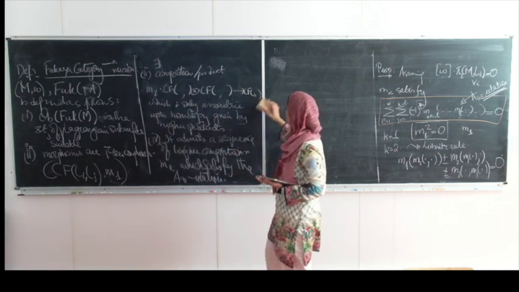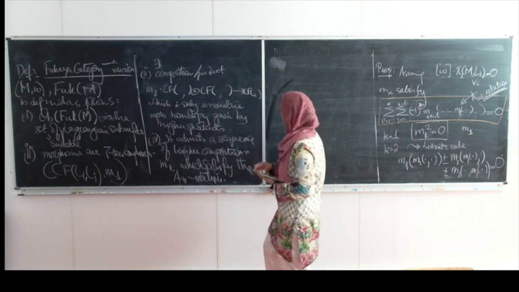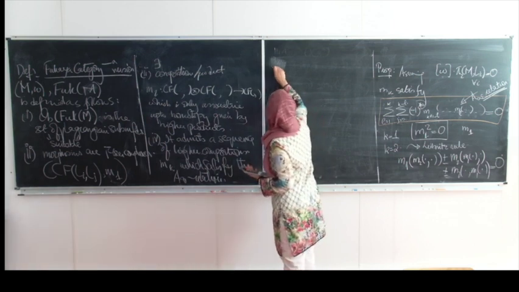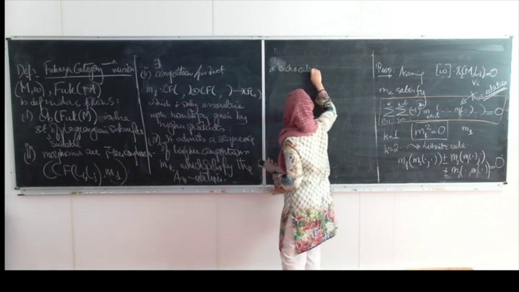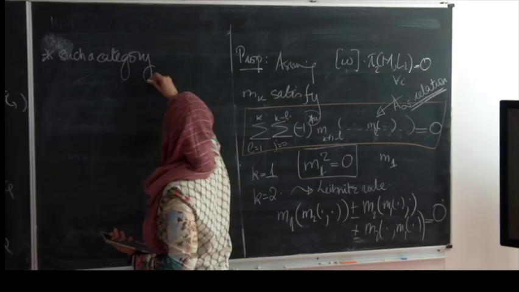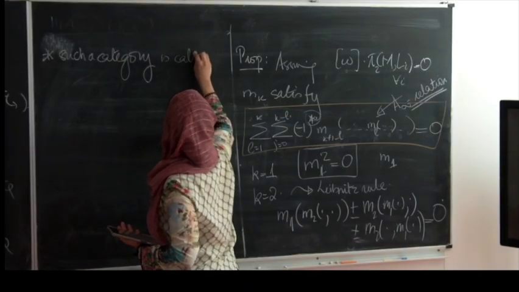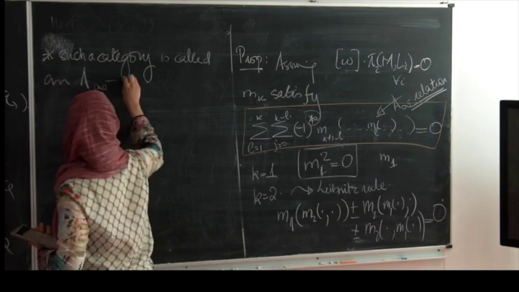So the problem is that, let's say first let me say such a category which has these higher products that satisfy the infinity relation is called an A infinity category.